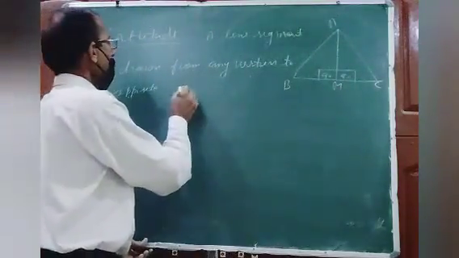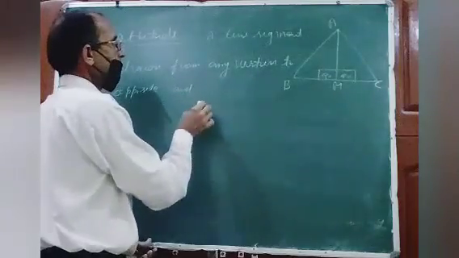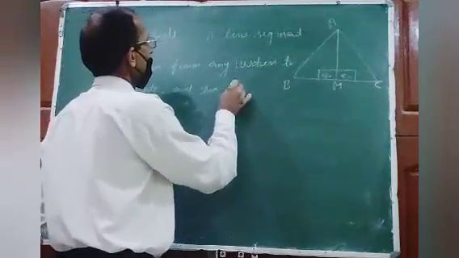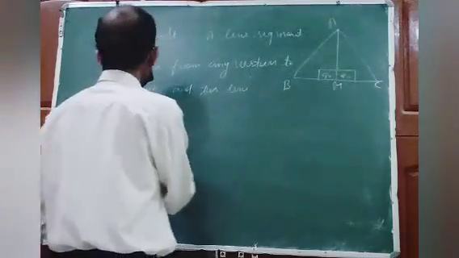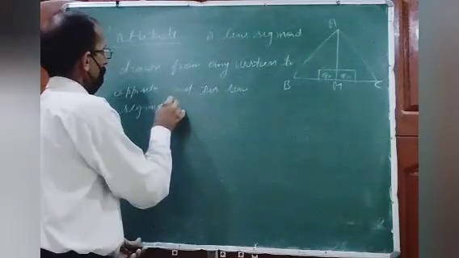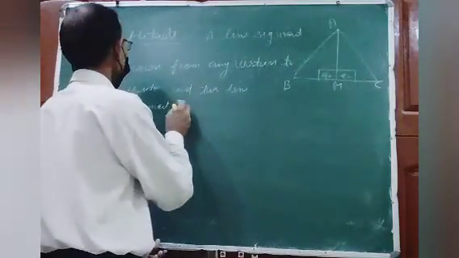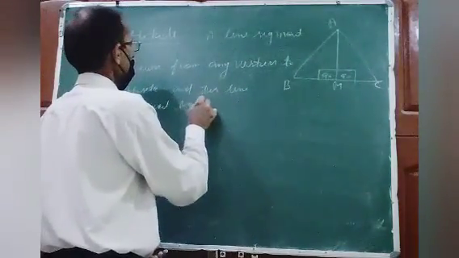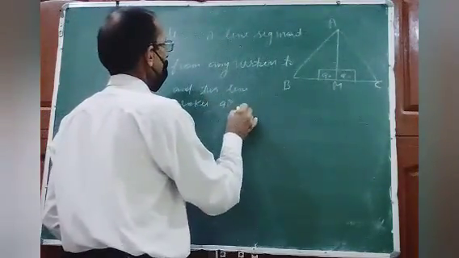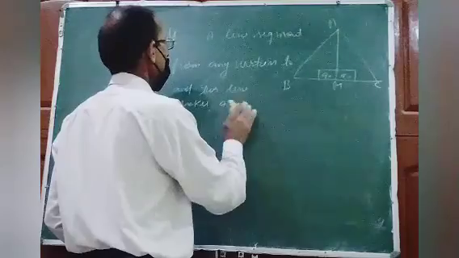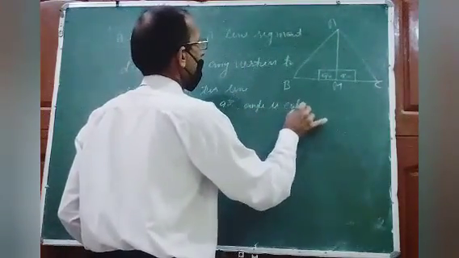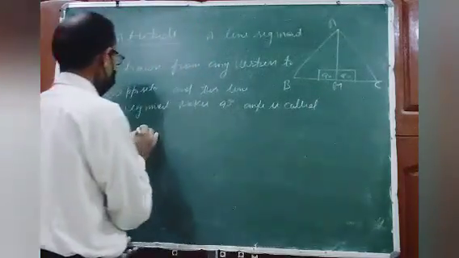And this line segment makes a 90-degree angle, it is called an altitude.